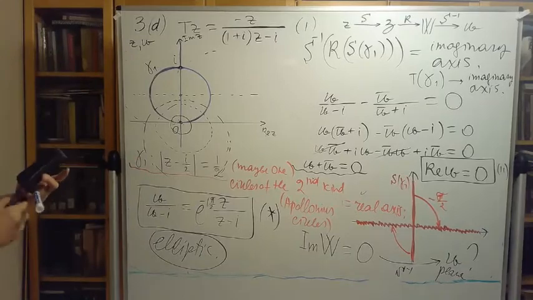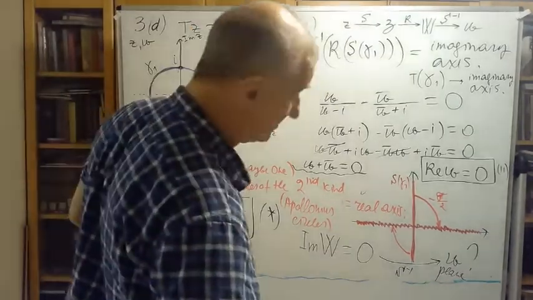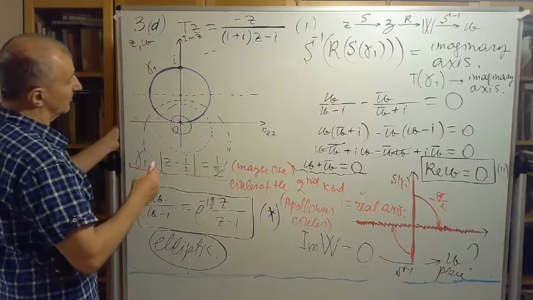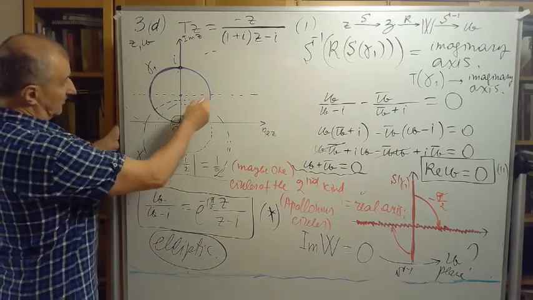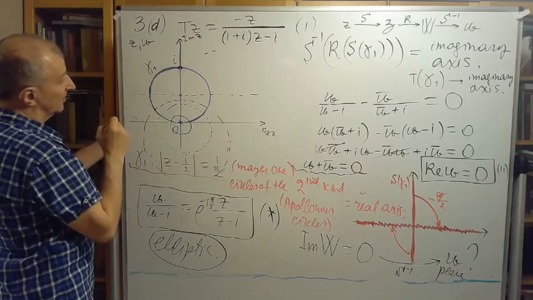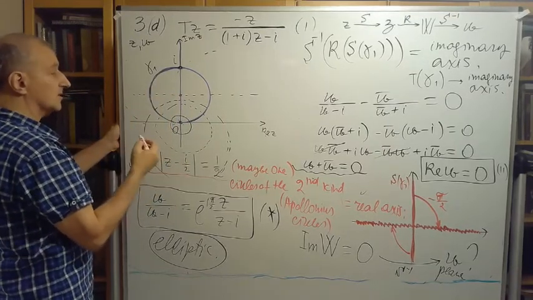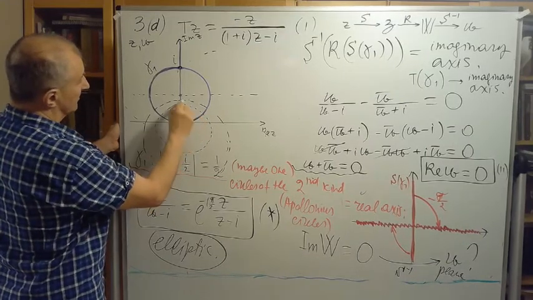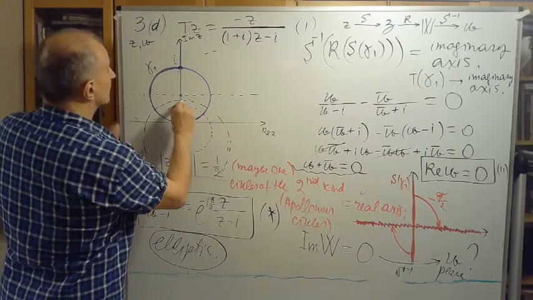And our circle gamma 1, this blue circle, will move into the imaginary axis. How will it do? It's being rotated through negative 90 degrees, so I guess it will go like this.